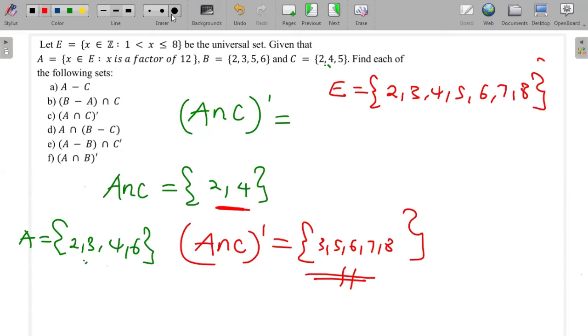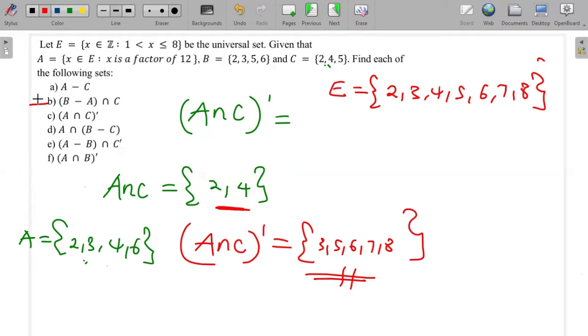I have a question. Yes, you can ask the question. It's on the previous one. I remember that in set B and A, 4 wasn't common, but we only included 5.